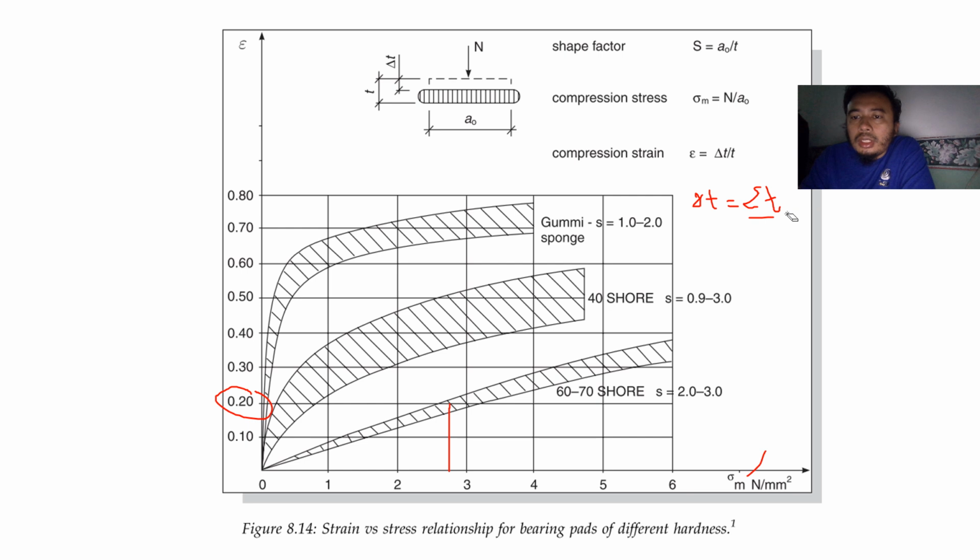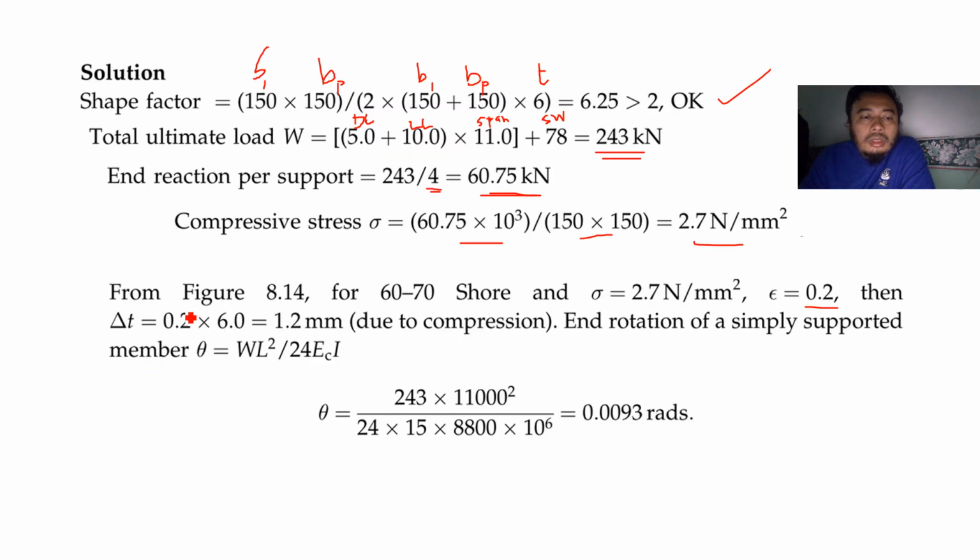So strain times thickness, you get your delta t. This is your strain, this is the thickness of the bearing pad. So you get your delta t. Change in thickness would be 1.2 mm due to compression, because this is compression force, compressive stress here.